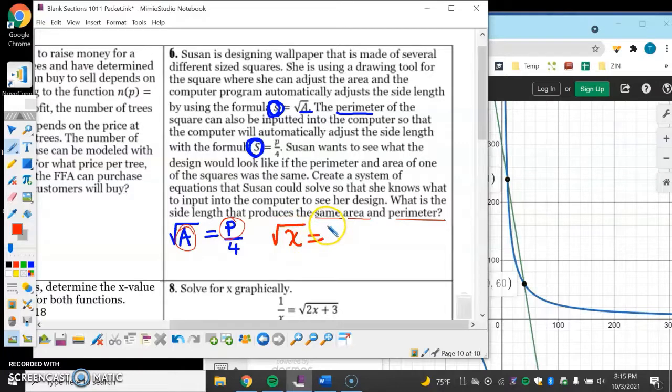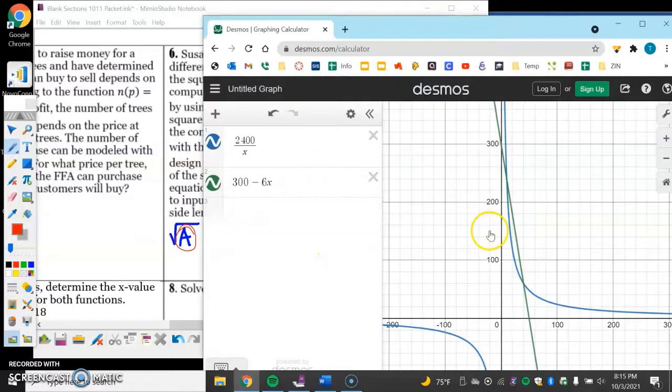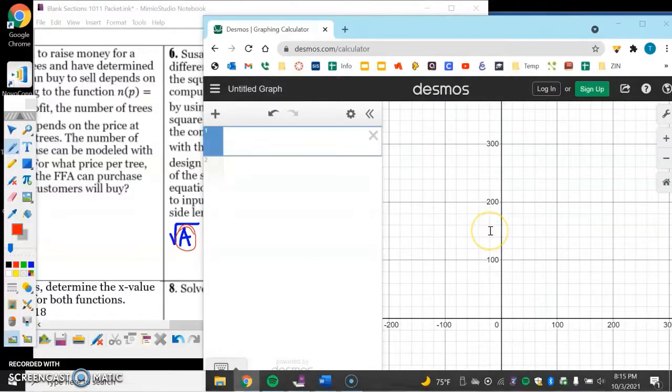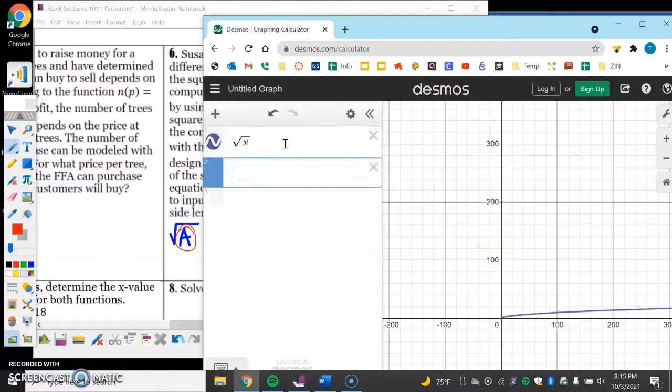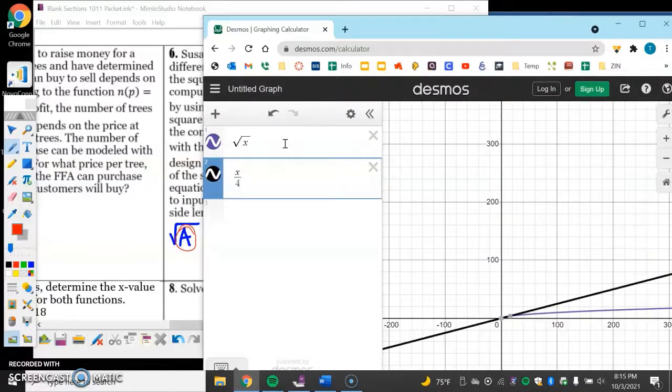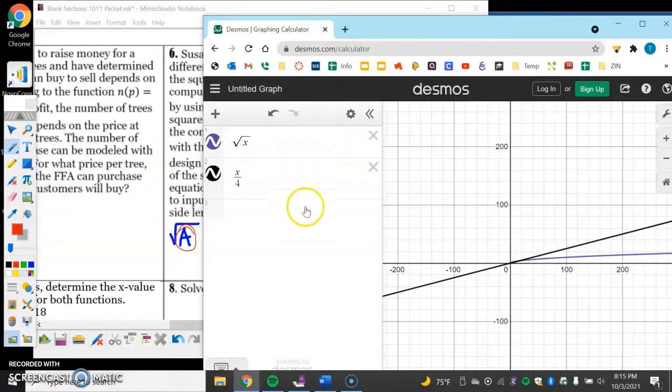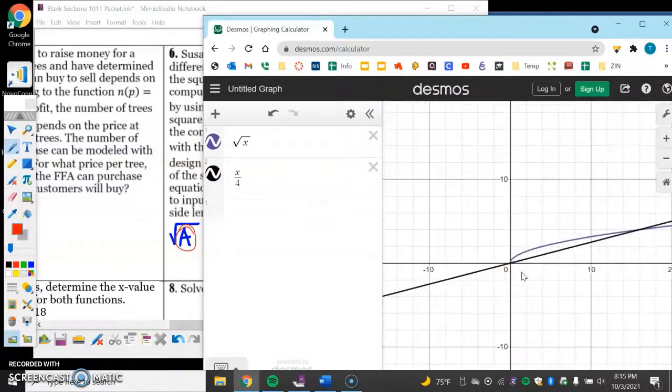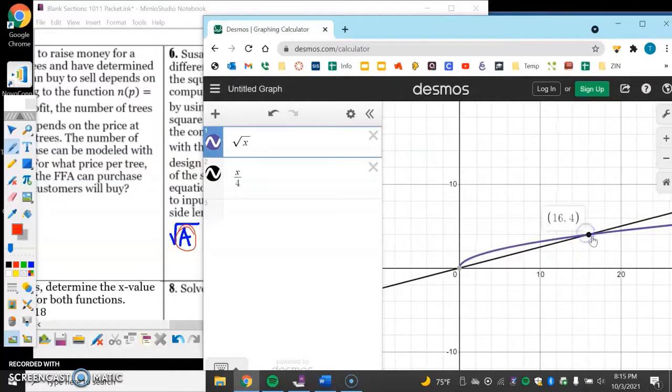So basically, when would the square root of X equal X divided by 4? Okay, we can type these in. The square root of X equal to X divided by 4. And look at what the intersection, or if there's more than one, what the intersections would be. And I see 16 is the X value.